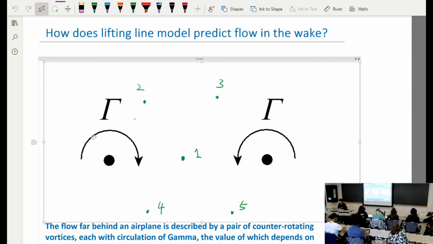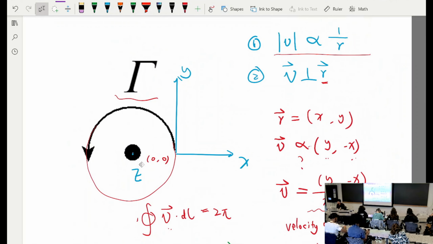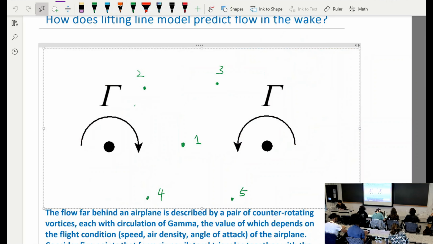So there are two concentrated vortices, but the direction is opposite to each other. The previous one we looked at spins in this direction, corresponding to this vortex, and the other vortex spins in exactly the opposite way. So think about this having a strength of gamma, and this having a strength of minus gamma. So let's put a minus sign onto this.